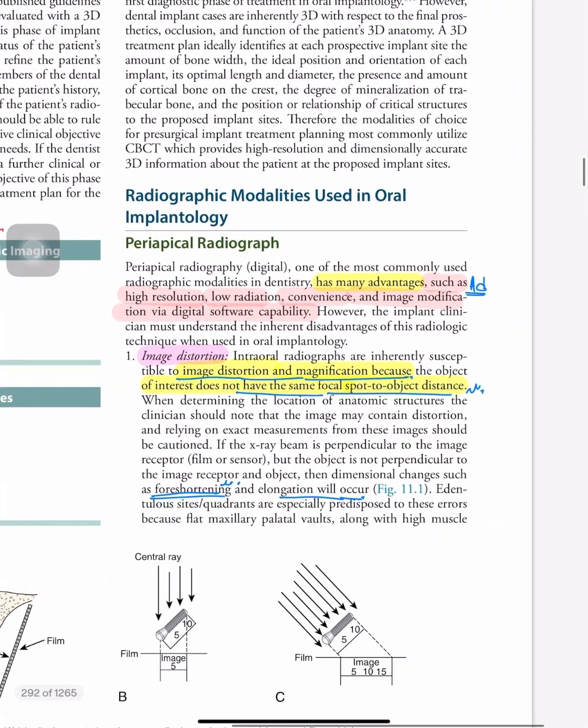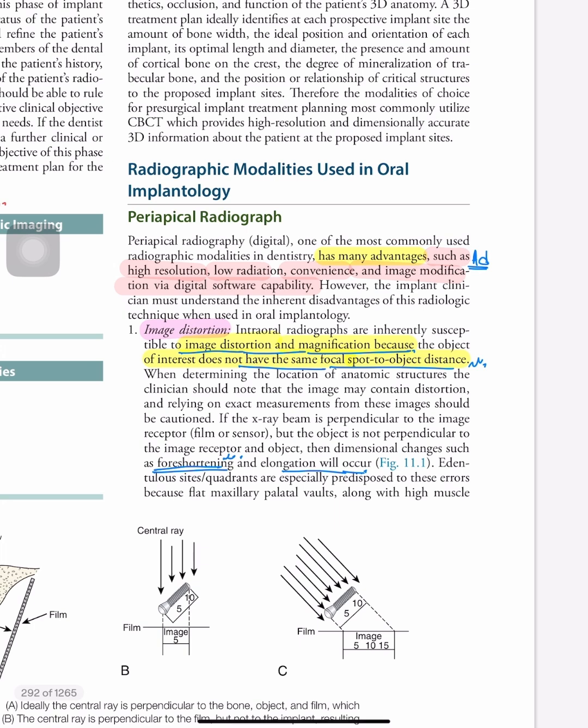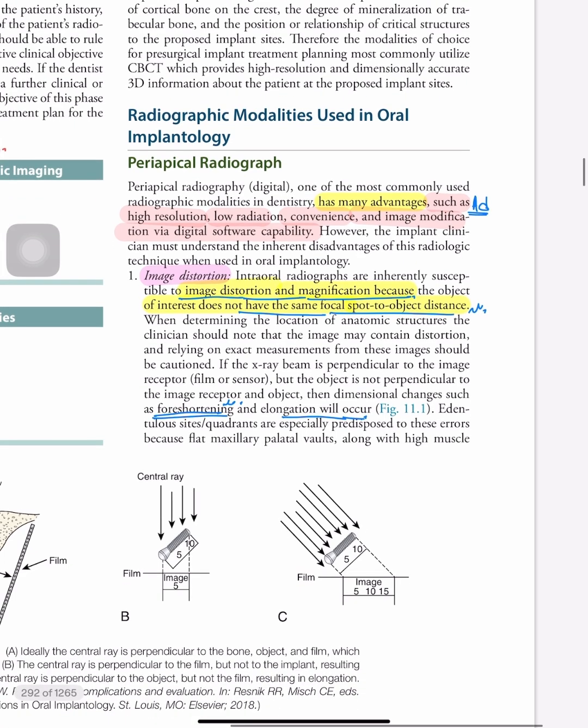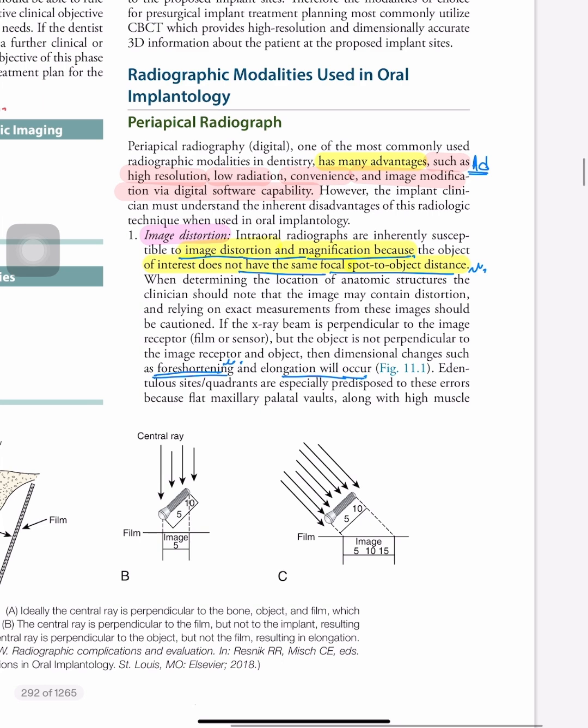Alright, so next we move on to the radiographic modalities used in oral implantology. As I said, the first one is the periapical radiograph. The advantages are that it is easily available in the clinic, it is cost effective, and the radiation exposure is quite less. However, there are certain disadvantages. First is image distortion.